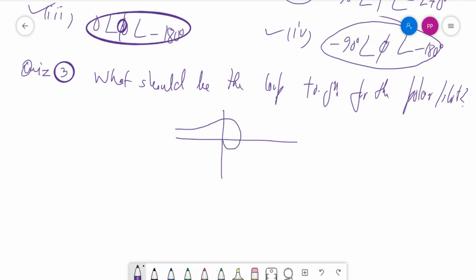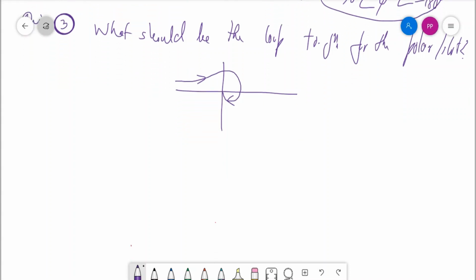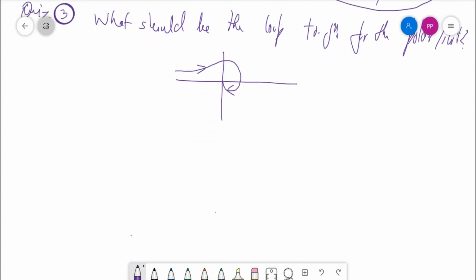Let us see the third quiz, where we draw a polar plot like this. So this is the arrow. We will find out the right transfer function which can give us the plot like this.